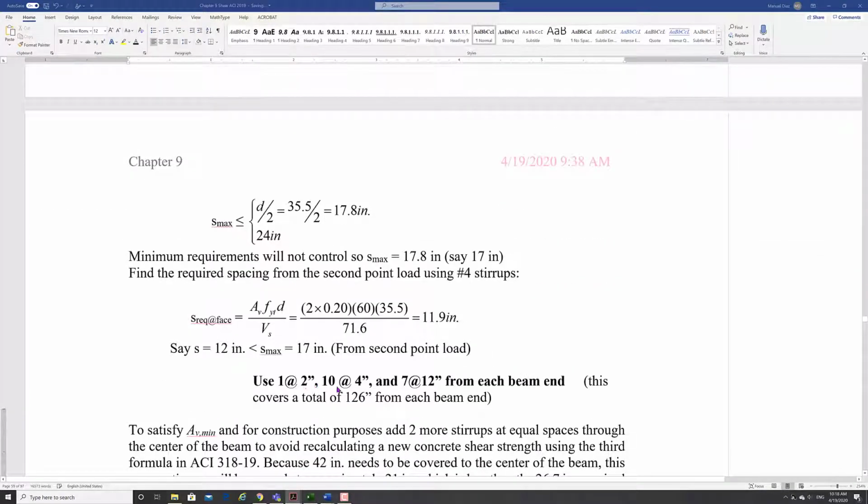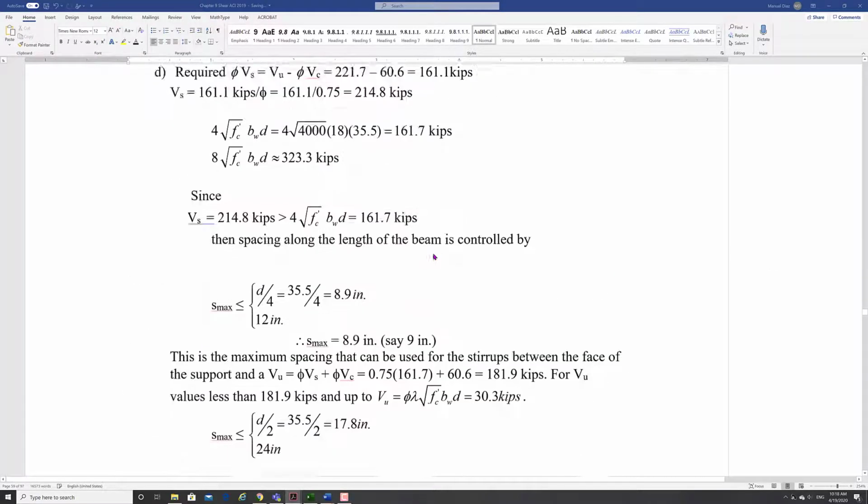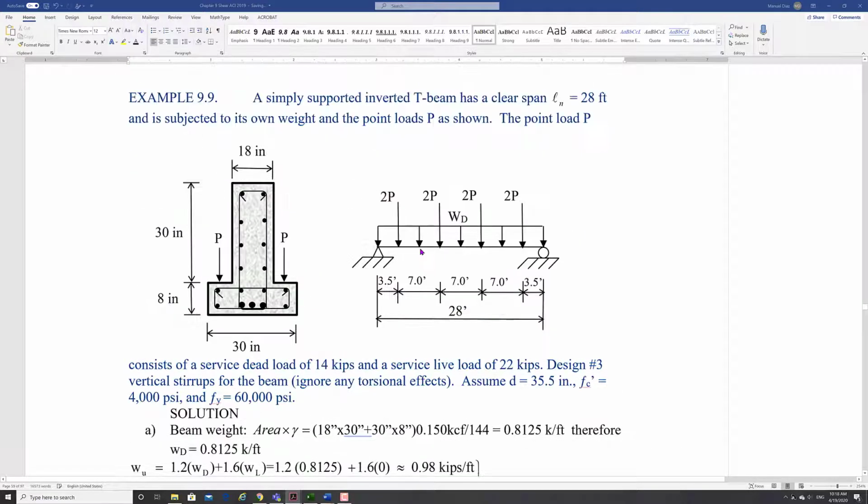So I got 1 at 2, 10 at 4, and then 7 at 12. That gives me 84 inches additionally. And do we have enough? I think we may, yeah. 7 times 12 happens to be 84.